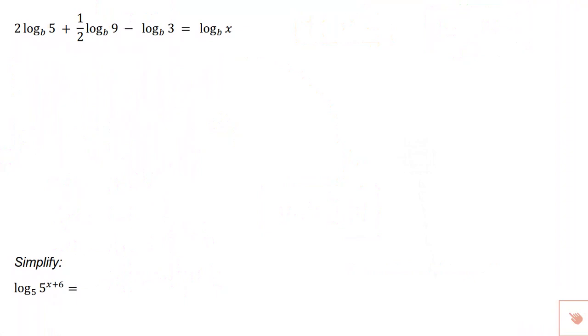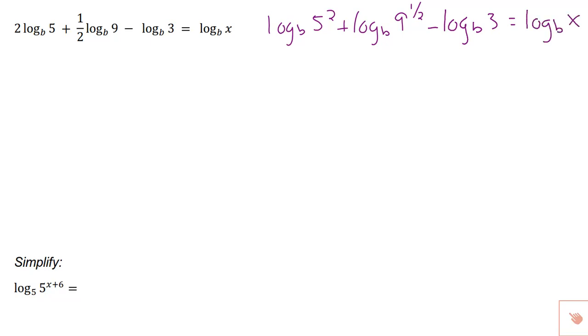On this next one, I want to get it to something equals something again. So I'm going to deal with my condensing first. Let's bring that coefficient up here. We'll bring the coefficient on here. And this one doesn't have a coefficient, so we'll leave it as it is. And then I'll just write down what the right side is.